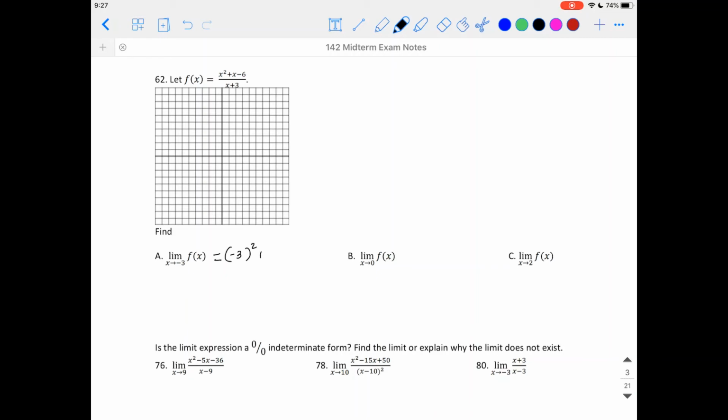Negative 3 squared plus negative 3 minus 6 will give me 0 in the numerator. And then negative 3 plus 3 gives me a 0 in the denominator. So this is what's called an indeterminate form. So we're kind of sad because we got some work to do.